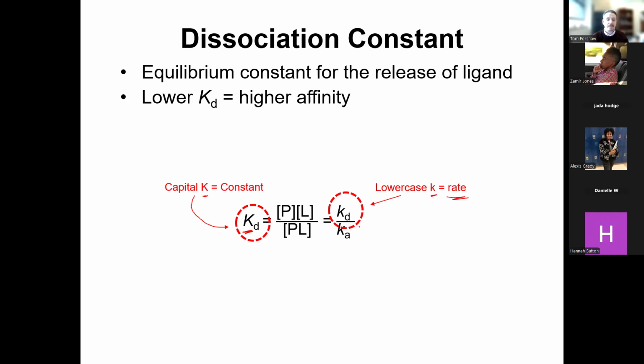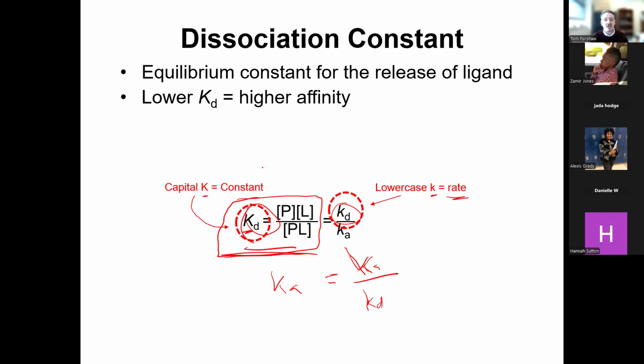The Kd value, the constant, is going to be equal to the rate of it going backwards divided by the rate of it going forwards, and the Ka is going to be equal to the rate of it going forwards divided by the rate of it going backwards. But this rate stuff is not super important for my course. It is very important, but not for my course and my exam. But this main bit here that I've drawn in the red box, that's the important part.